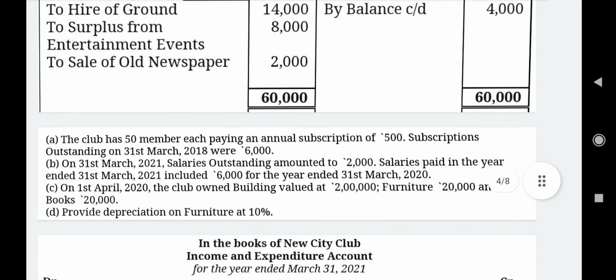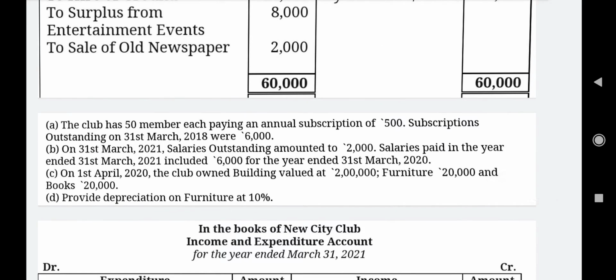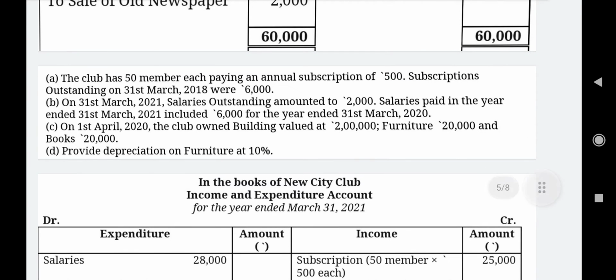Now see the adjustments. The club has 50 members, each paying an annual subscription of 500. Subscription outstanding on 31st March 2018 was 6,000. On 31st March 2021, salaries outstanding amounted to rupees 2,000.